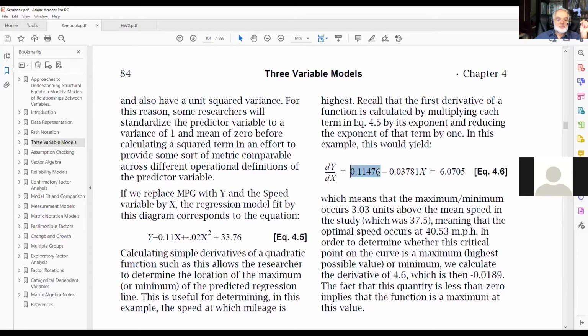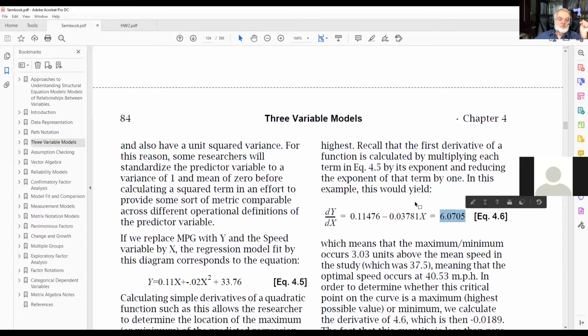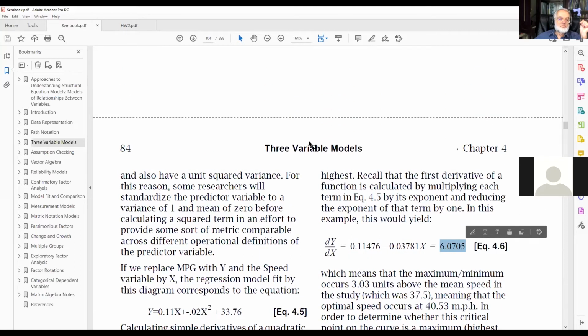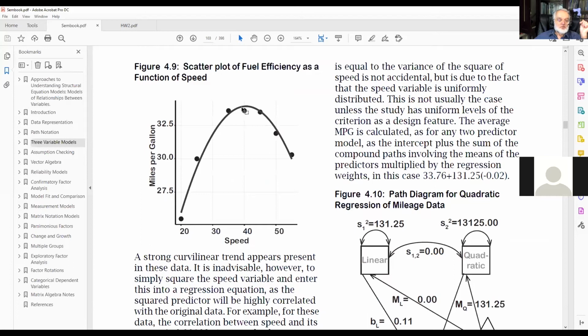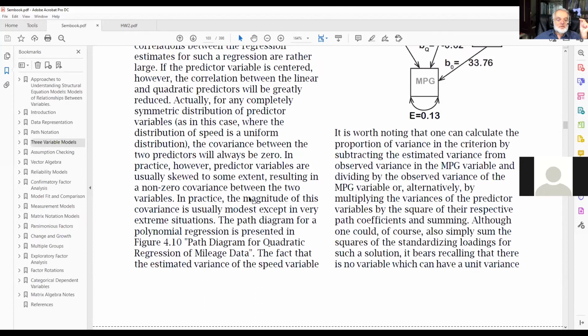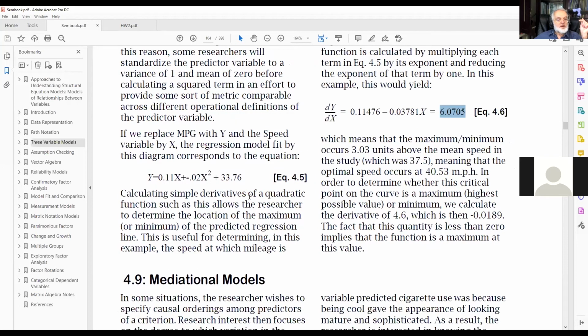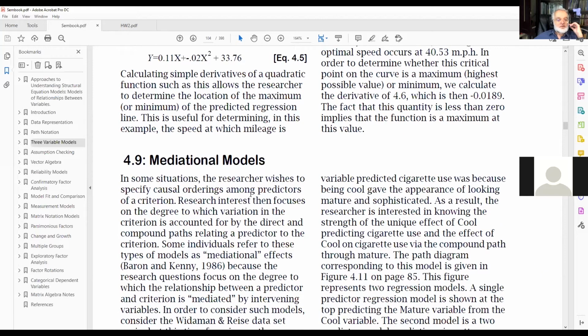That's going to be this number. 2 times negative 2 times x is going to be minus 0.318. I can then calculate exactly the value on x that's going to correspond to the maximum. It's going to correspond to this value in the centered version, where this hits its highest point. That's not something essential for this class, but it again ties back to a discussion of polynomial regression when you had it. Next, let's take a look at mediational models.